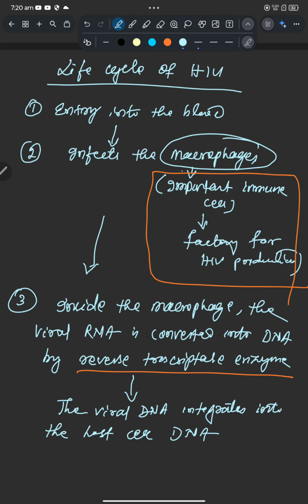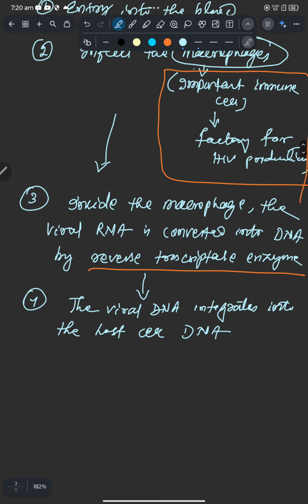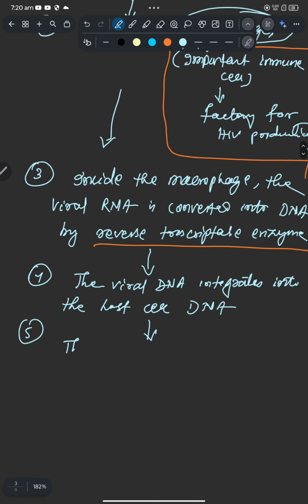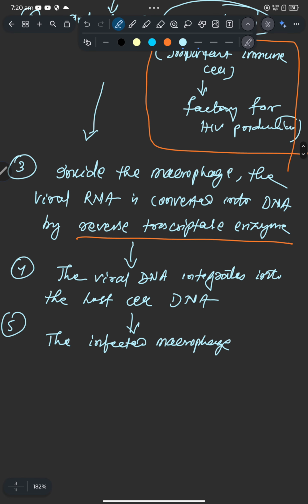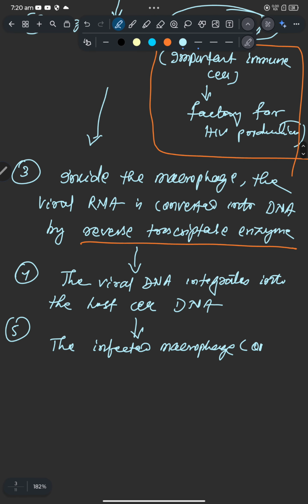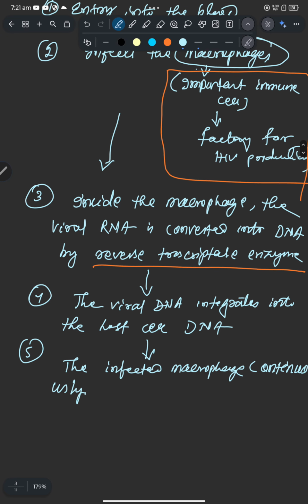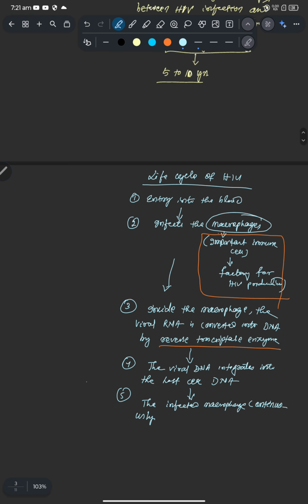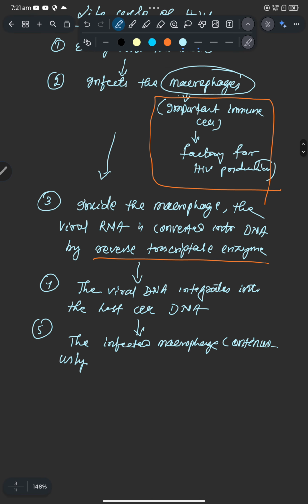Then next, what happens? So this is the fourth step. Then in the fifth step, the infected macrophage continuously produces new HIV particles.